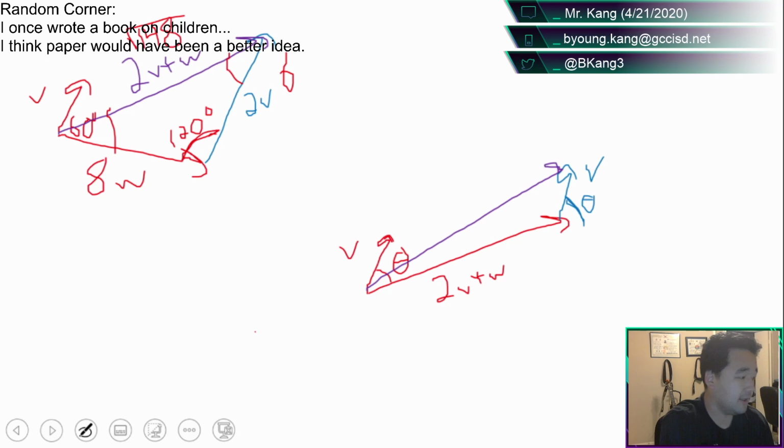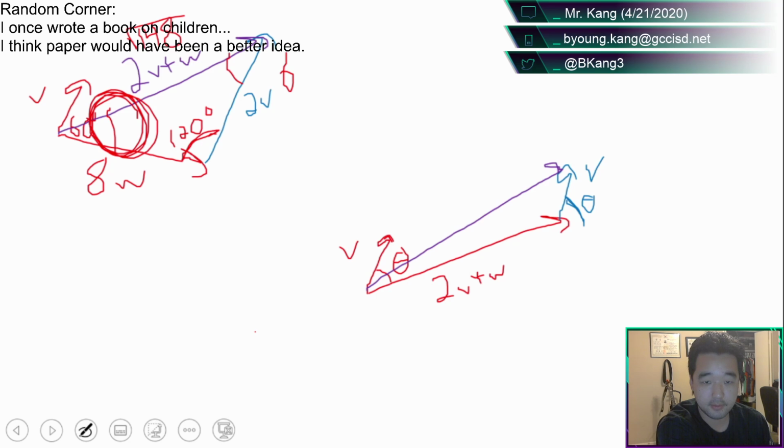And the key is this angle right here, because if you find that angle, then you can figure out how much of the 60 degrees you've chopped off, if that makes any sense. So that is the theta in this problem down here in the bottom right.